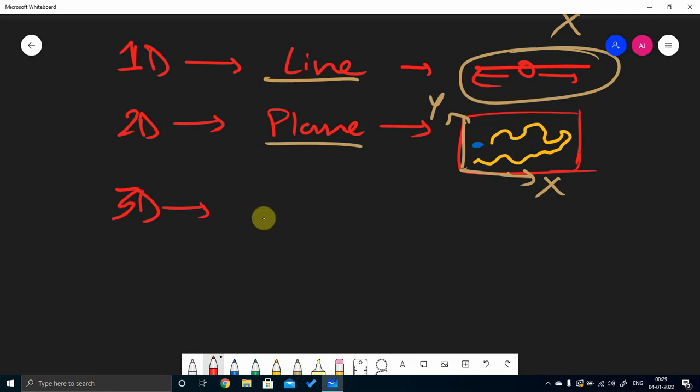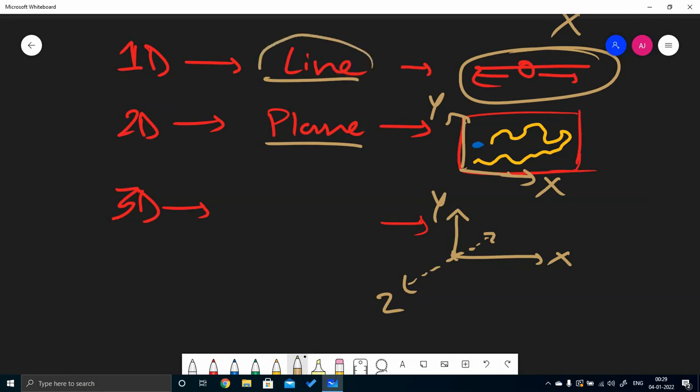Now, what is three dimensions, right? In three dimensions, you have three axes involved. You noticed y, you noticed x. Now where does the third axis go? The third axis goes in the plane of your screen and comes out of the plane of your screen. We call this the z-axis, right?